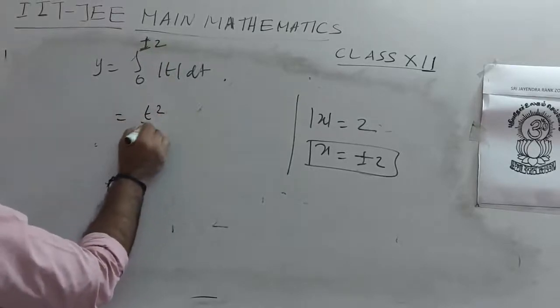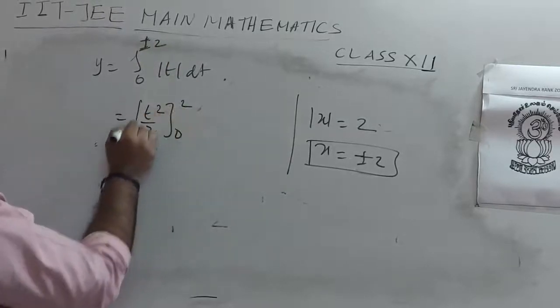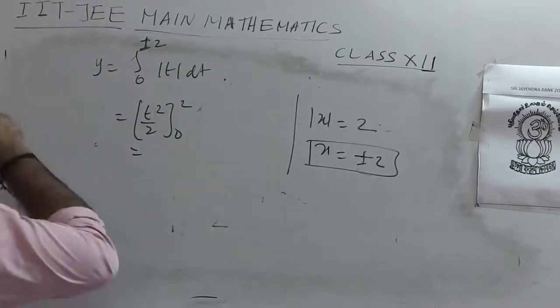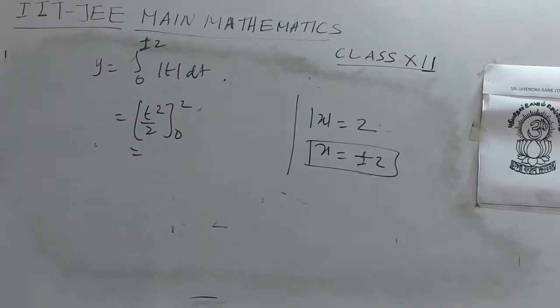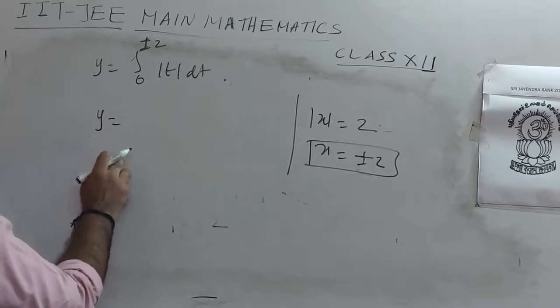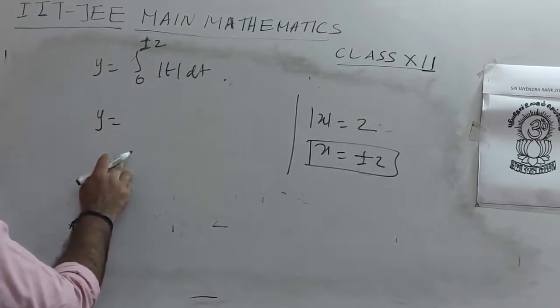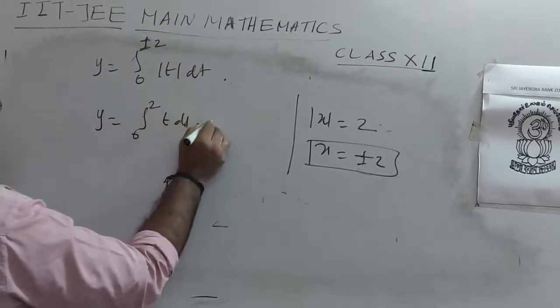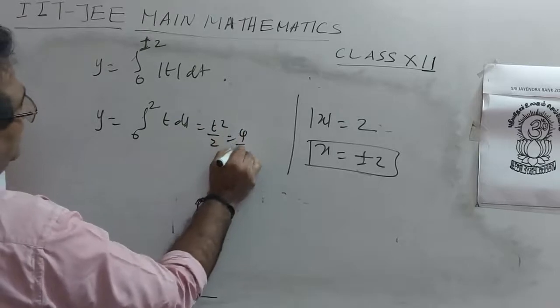If you integrate 0 to 2 t dt, t square by 2, that is 4 by 2, 2.